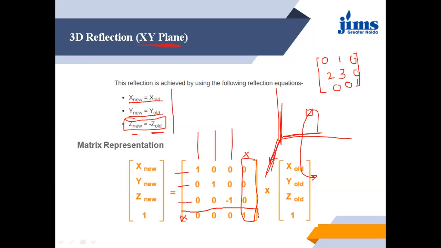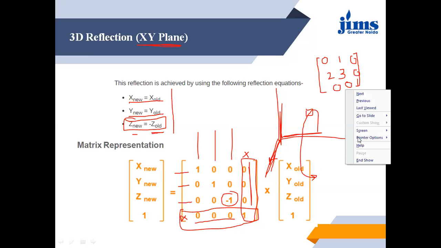So here also we are adding this column as well as this row to make it homogeneous. When we put the values x, y, z, 0 over here, it has no effect when we perform operations on this matrix. Only the value of z is going to change.